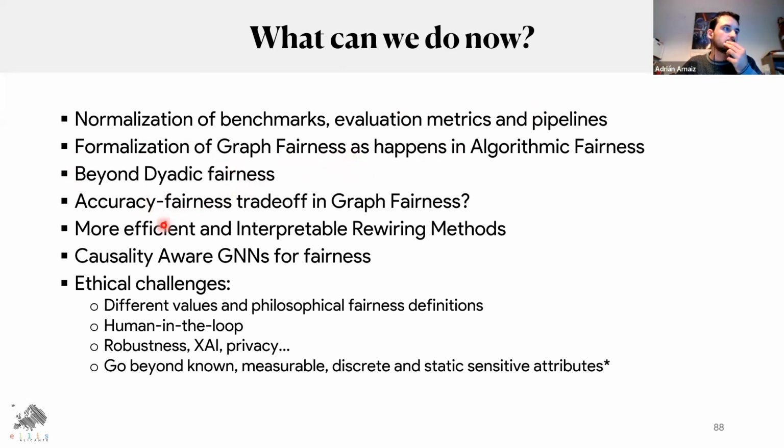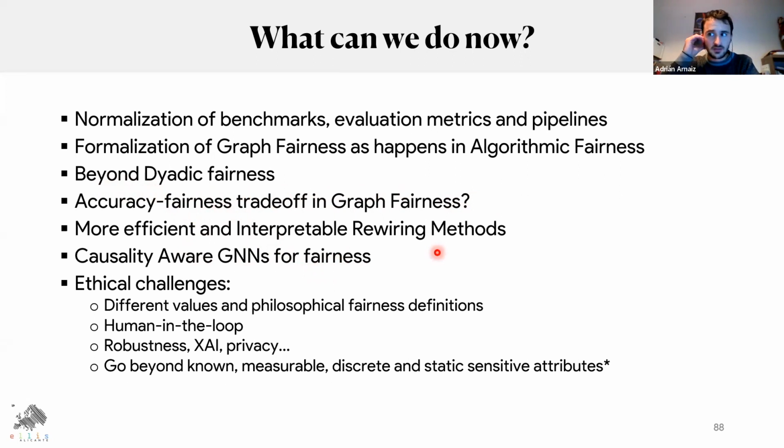There should be a trade-off. We have to investigate the trade-off, because we have seen that in some graphs, even increasing the fairness will increase the accuracy if there is homophily, heterophily, in sensitive attributes at this level. And then, more important, causality-aware GNNs.